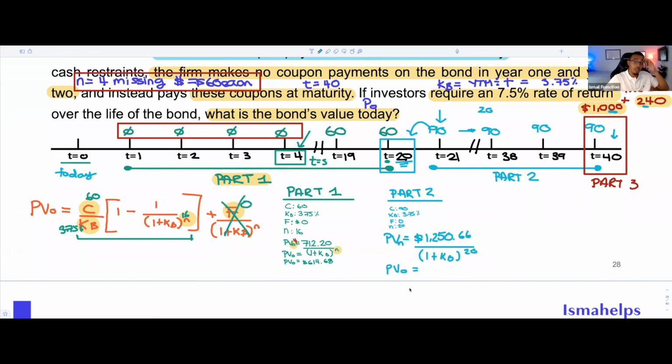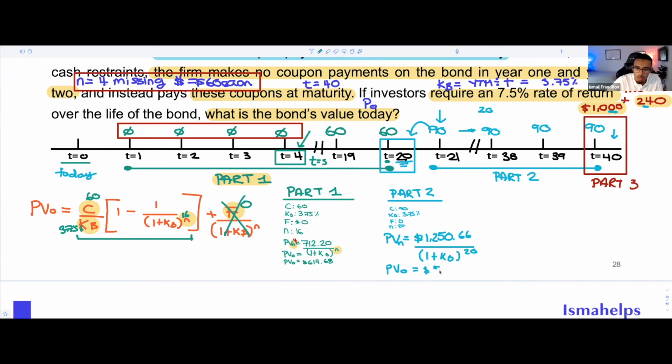So could somebody tell me what is PV0? What is our present value at period 0? Marianne is a gangster. Hell yeah. One more answer, please. One more person to give it a shot. Shane, tremendous. Thank you so much.